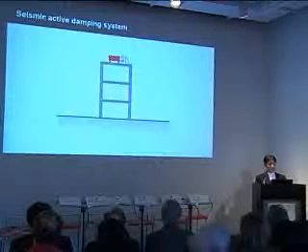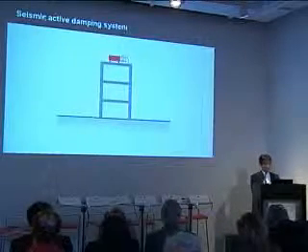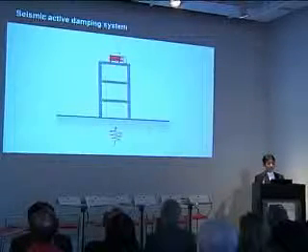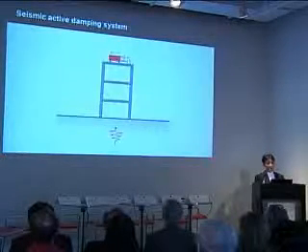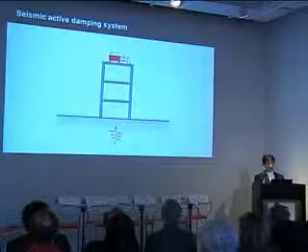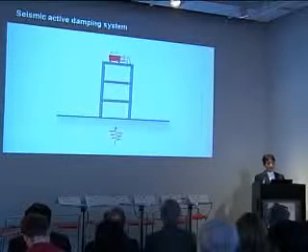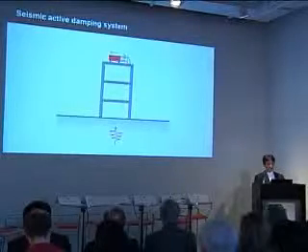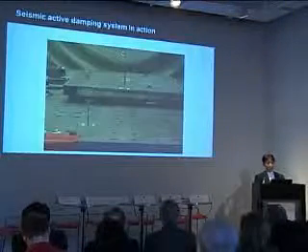This is the seismic active damping system. The sensor picks up the motion of the ground and makes a mirror topological motion and gives that motion to the mass damper at the top of the building to make the building balanced.